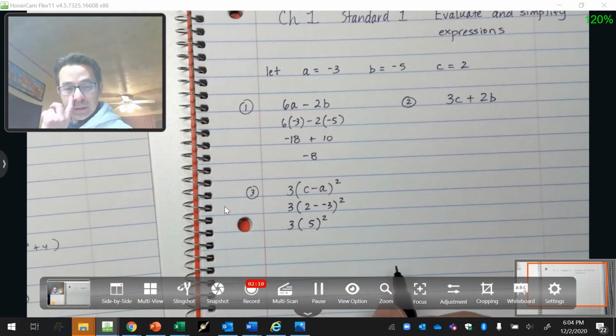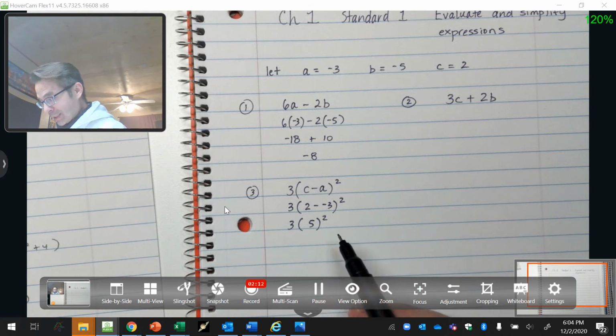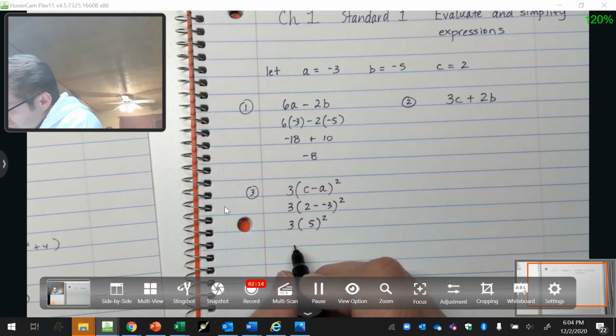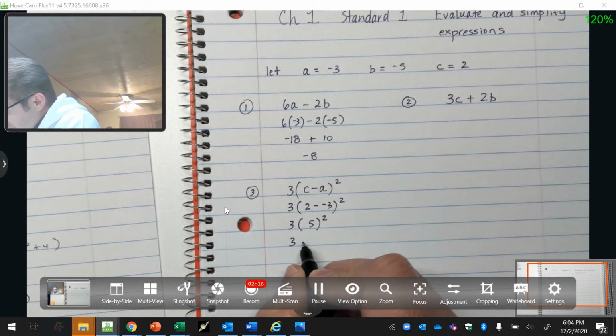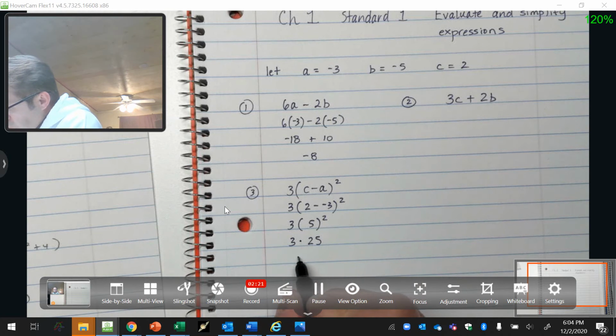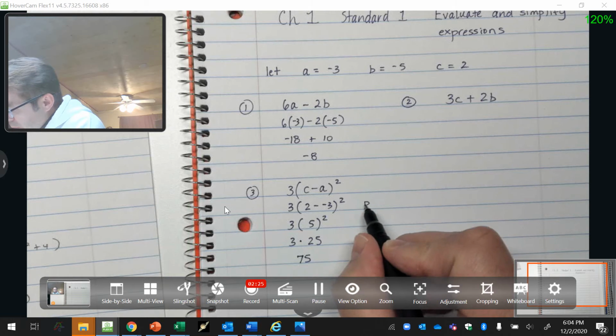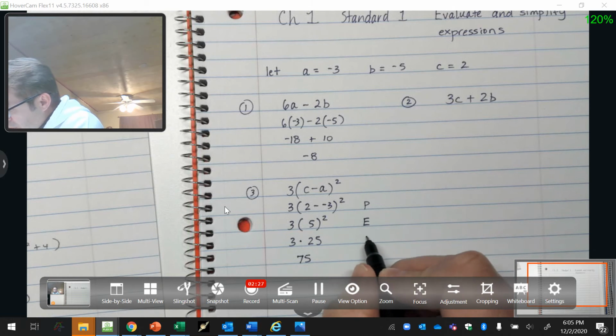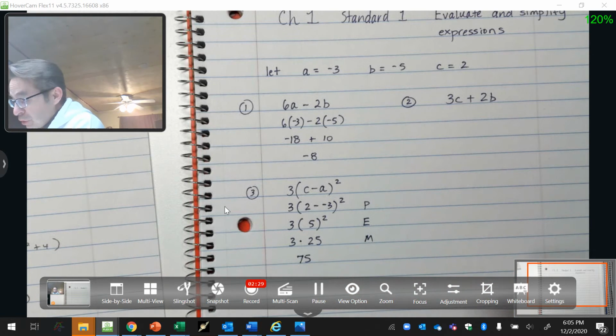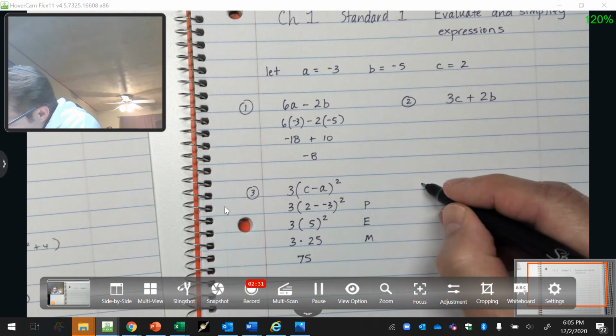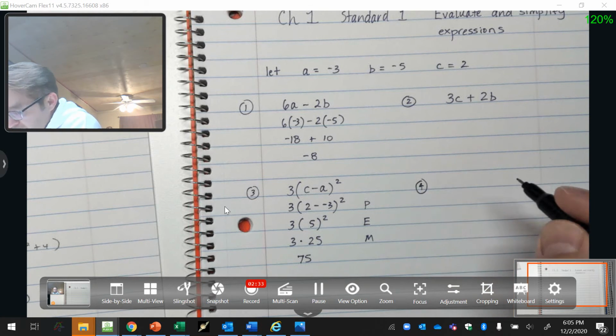And then PEMDAS says do the exponents next. So 3 times 5 squared, which is 25. Bam. So parentheses first, exponent second, multiply last. That is just the order you have to do it in. Don't get a choice.